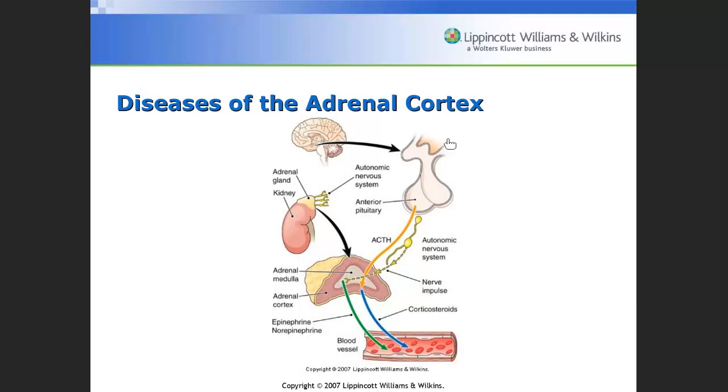All right. Disease of the adrenal cortex. So basically, we'll finish with parathyroid. Think of hyperparathyroidism as bones, stones, and psychic moans.